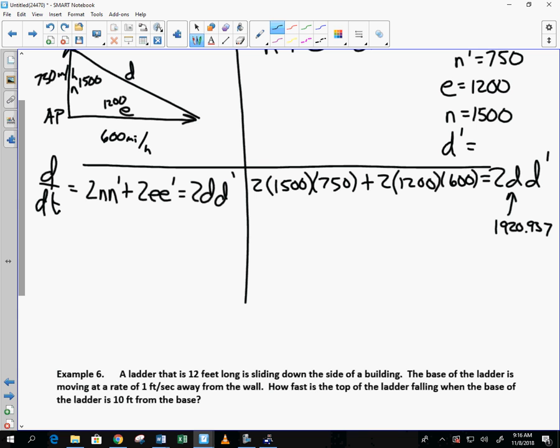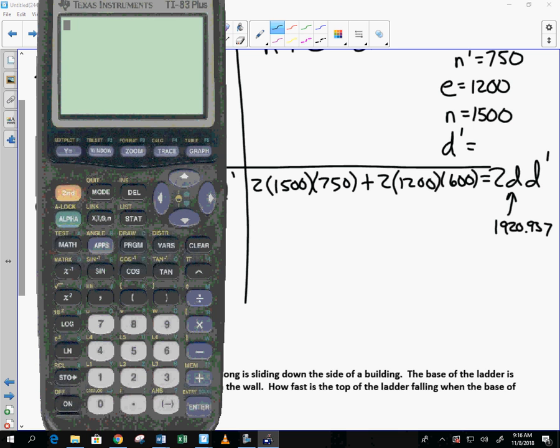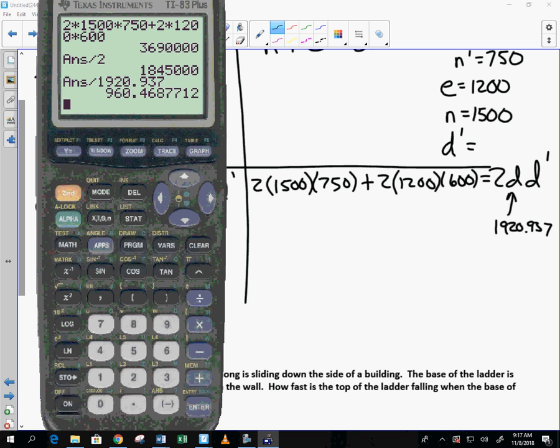I don't need to. Those are rates. I used the Pythagorean theorem for the distances. Okay, so here we go. I've got 2 times 1500 times 750 plus 2 times 1200 times 600, divide by 2, divide by 1920.937. 960.468.